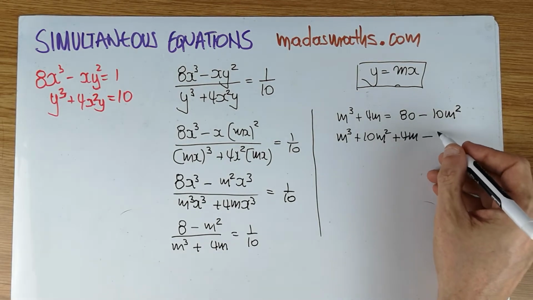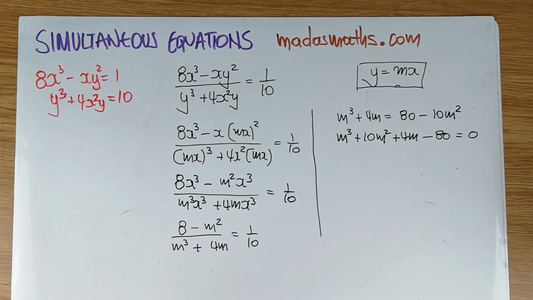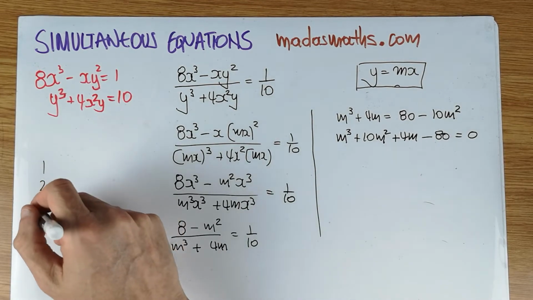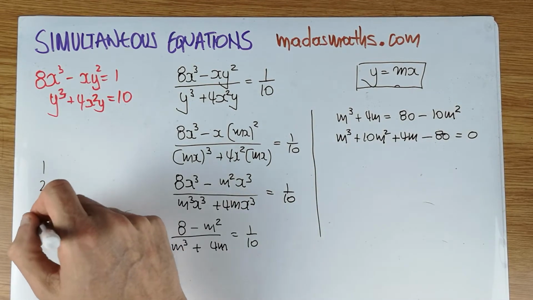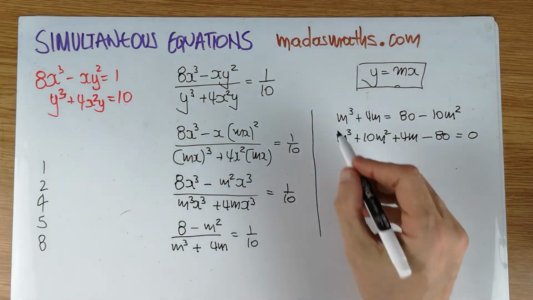We just hope that this particular cubic has some kind of integer or nice rational solution. It won't be a fraction because the coefficient of m cubed is 1. 8 is a fairly large number, so we've got 1s, 2s, 4s, 5s really, and then 8s. I hope we don't have to go that far.